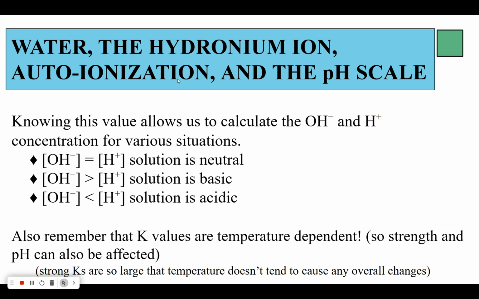So the exception in general is anything we already know and consider strong is going to stay strong because their K values are so large that the temperature doesn't tend to cause any overall changes, or it changes something from having like a K of 1000 to having a K of 1001. It's like that's not a significant enough difference to matter. It's still so strong it completely ionizes.